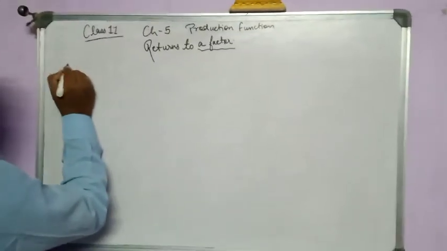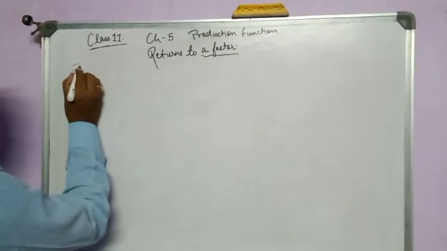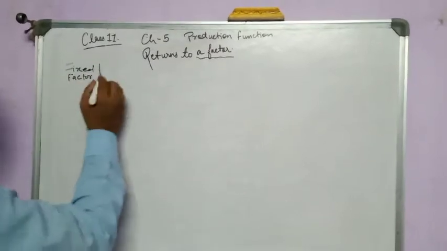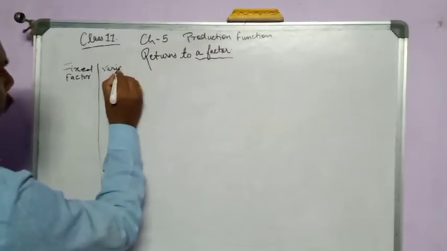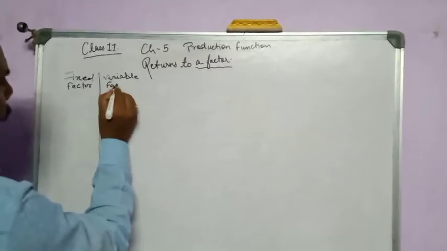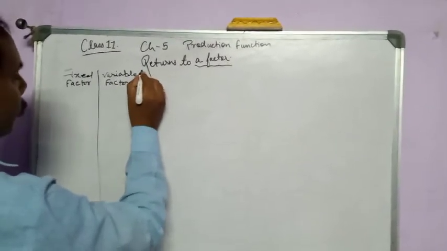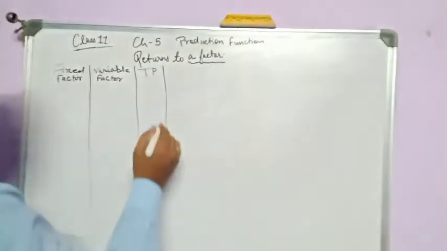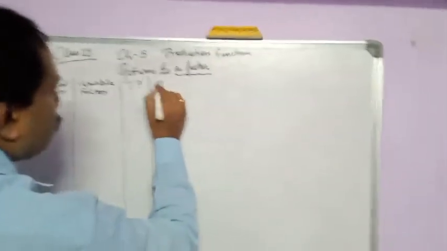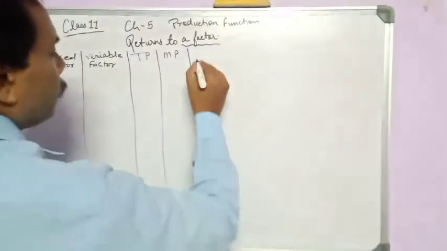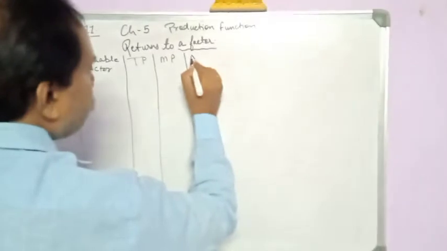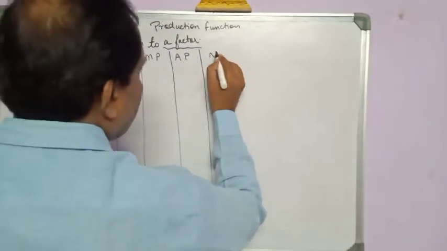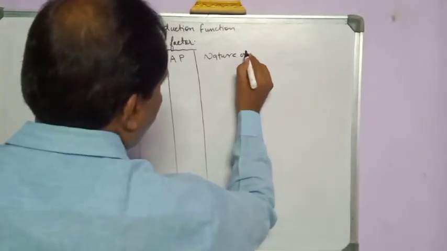Suppose here fixed factors, next the variable factor, here the total production, here the marginal production, here the average production, and here the nature of production.